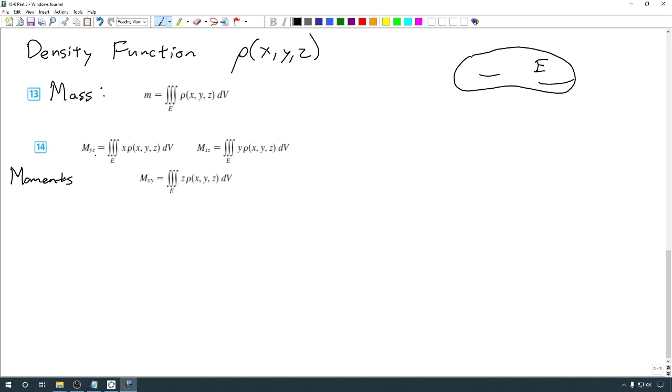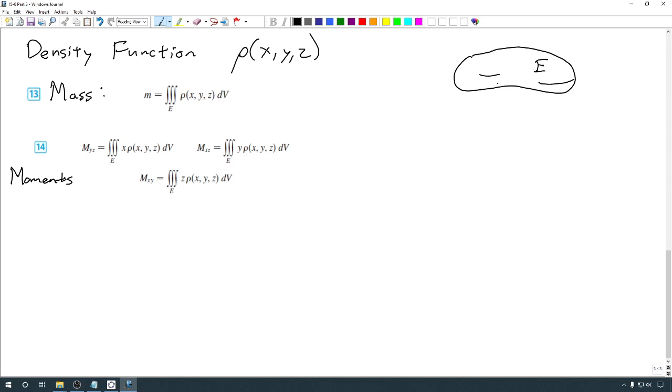So the moment around the YZ plane, we're essentially taking the distance of a point from the YZ plane, which is x. So we take that x times the density function, which plays the role of the mass at that distance from the YZ plane, and we integrate that over the entire solid.